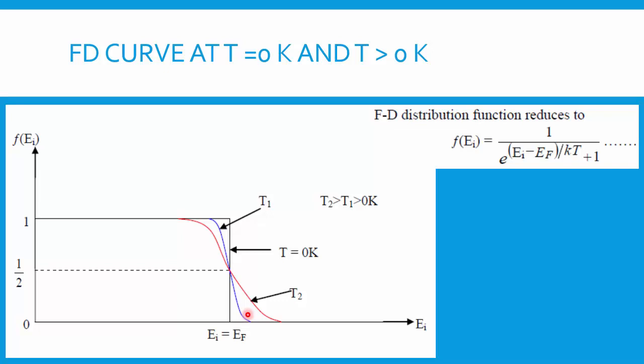Now this energy diagram I have plotted in terms of probability and energy. It is clear that from 0 to some value of energy, you will have all the energy levels full, and from some value to the higher energy levels, that is the conduction band, it will be 0.